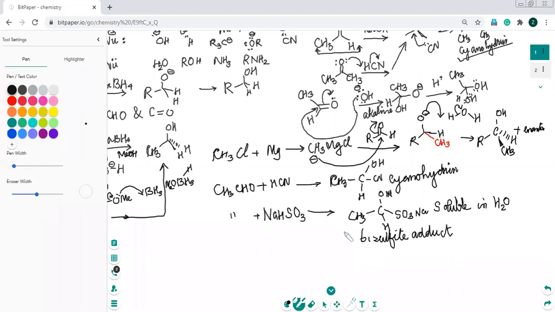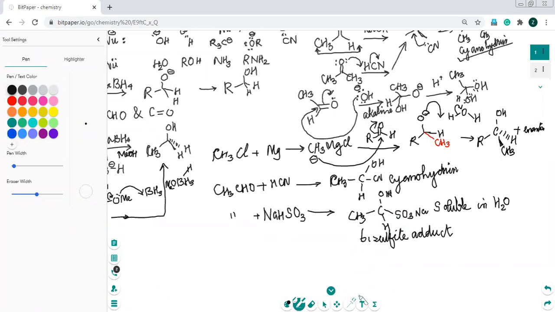You can just take it out and wash with some organic solvent. You'll get a very good white powder, which can be further hydrolyzed back to the aldehyde.